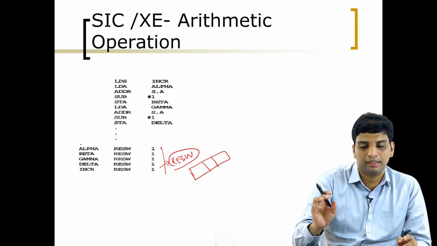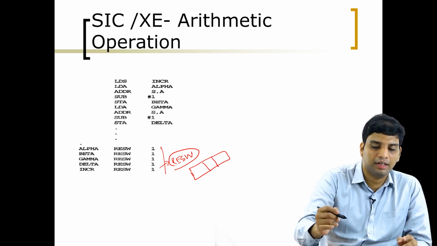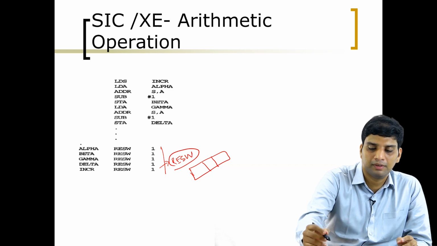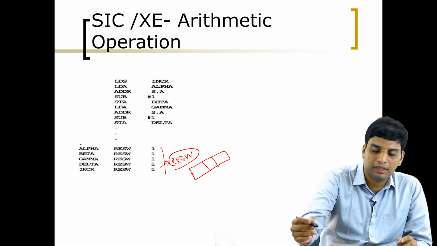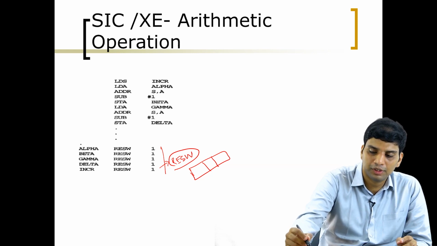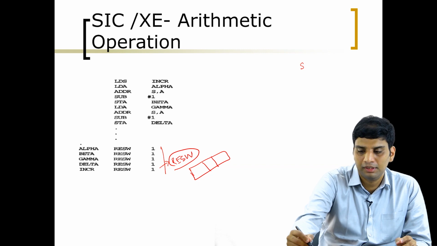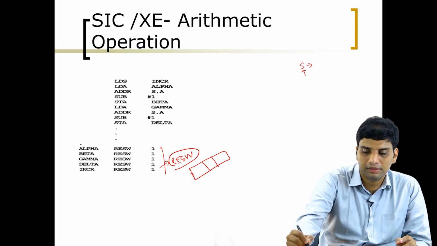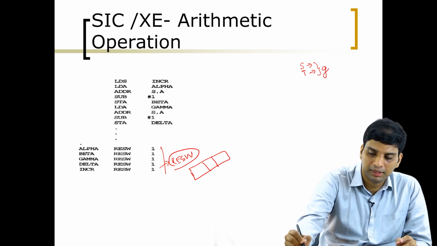The values are directly given during the running time of the program. Now listen here. In SIC/XE, you have seen 4 registers: B, S, T, F. S and T are what registers? General purpose registers.